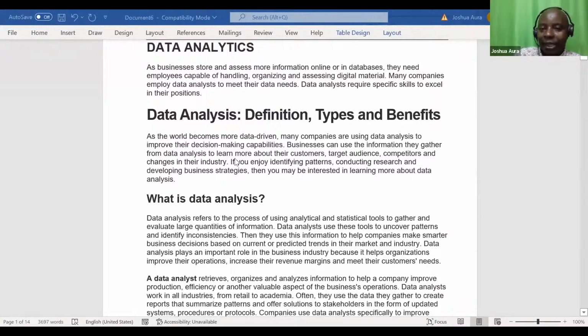Ladies and gentlemen, the most important thing that you're supposed to, first of all, appreciate about this concept of data analytics is that we will need as data analysts to collect data and organize this data very well. After organizing it very well, of course, we have to evaluate. There is a concept of evaluation.